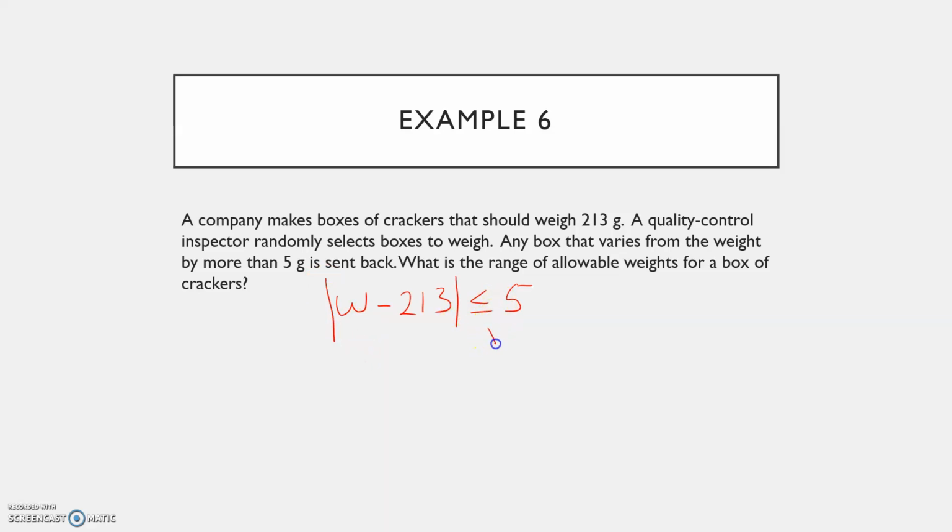Because it is less than, it's an "and," a compound inequality. So we have w minus 213 is less than or equal to 5, but it also could be greater than or equal to negative 5, in either direction. And then we need to solve, so we add 213 to both sides.